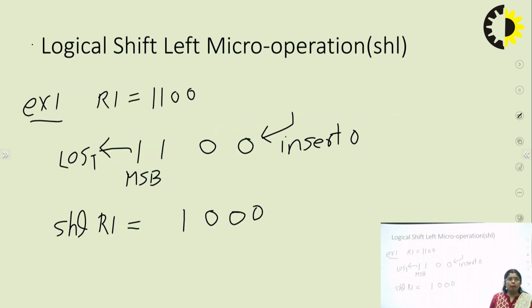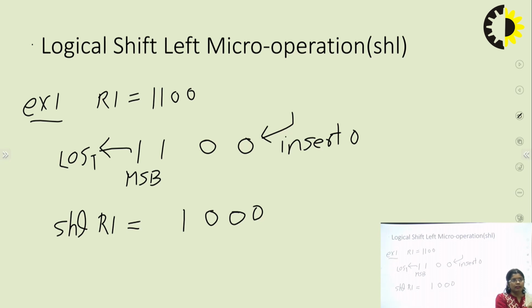Now this is the example for the first one, that is the logical shift left. Micro operations have 4 types: register transfer, arithmetic, logical and shift micro operation. Again the shift micro operation has 3 types: logical shift, arithmetic shift and circular shift.